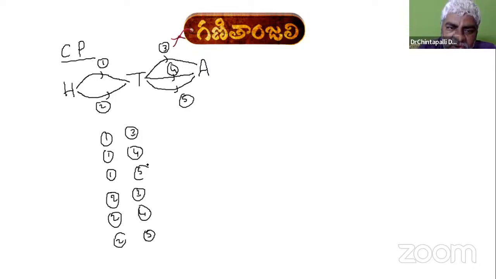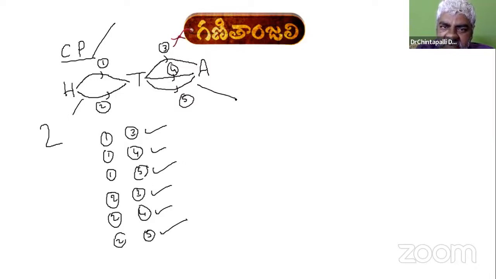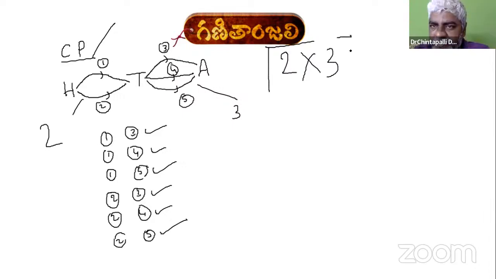How many ways are there? Total 6, sir. So a task can be done in 2 ways, and this task can be done in 3 ways. So the 2 tasks consecutively can be done in 2 times 3 ways, that equals 6. This is called the counting principle.